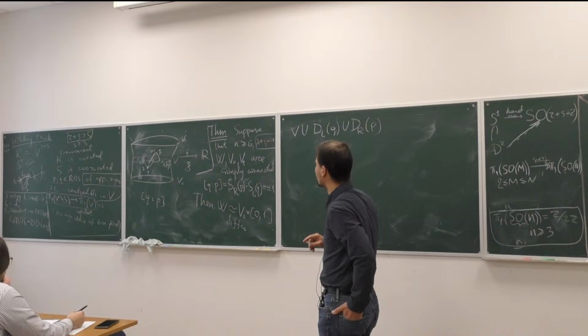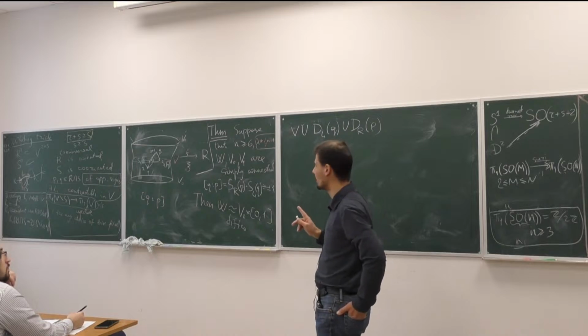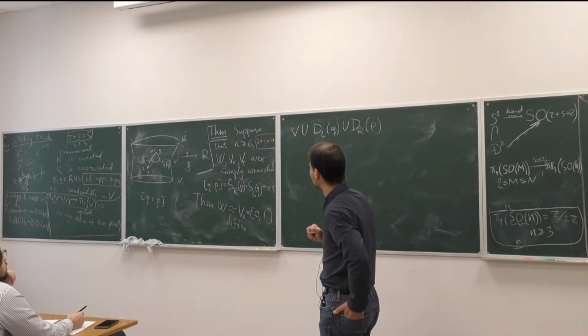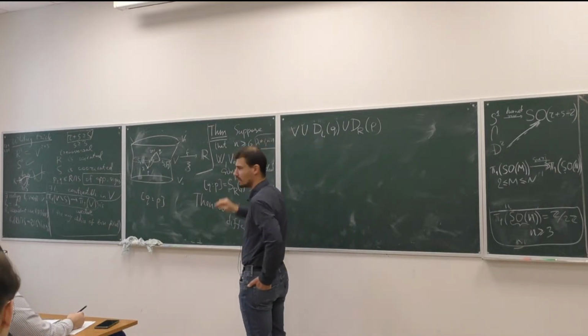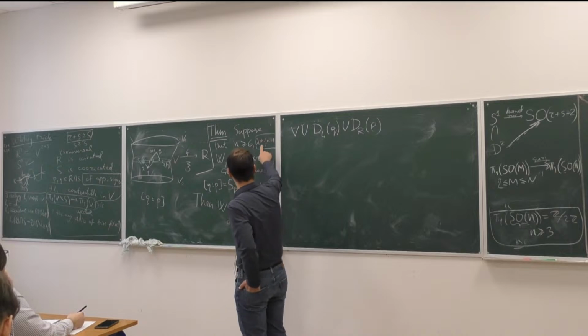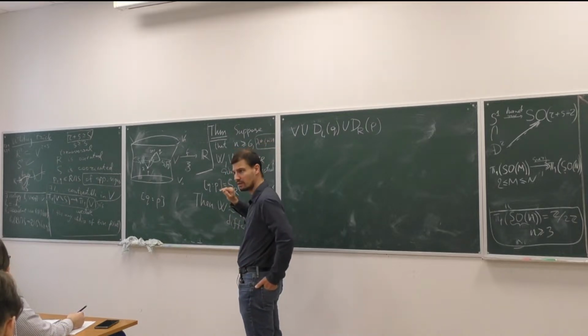Before doing this, let us also make one simplification. Look, this index lambda. It is not 1 and not n minus 1.